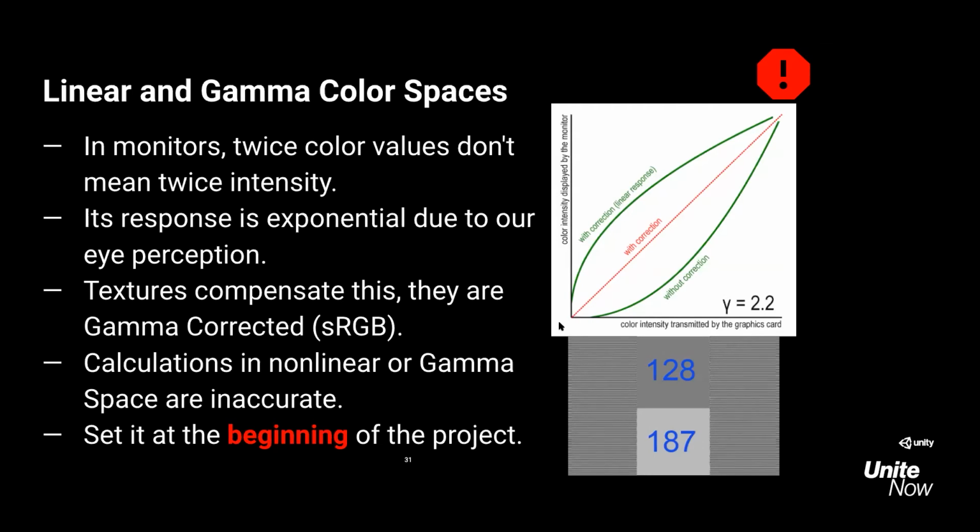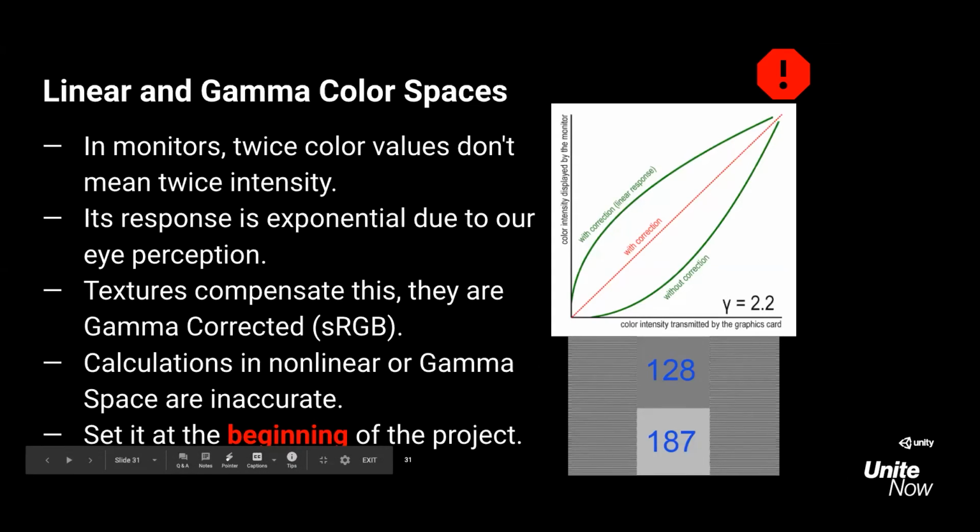And lighting calculations work better, more realistically, with linear images. So if you switch to linear workflow in Unity, Unity will automatically take the gamma corrected image and linearize it to work properly in linear, to then later, in the final image, apply the gamma correction again so our monitor will display it nicely.